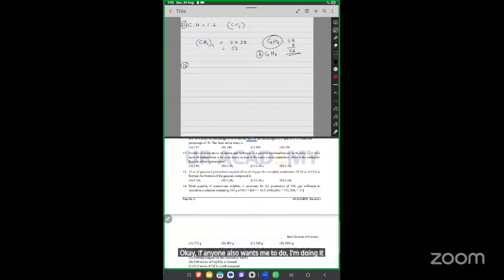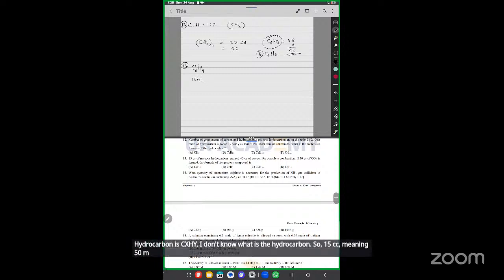Okay. So 15 cc of hydrocarbon here. Hydrocarbon is CxHy. I don't know what the hydrocarbon is. So 15 cc, meaning 15 ml. Cc is nothing but cm cube, and cm cube is nothing but your ml. It requires 45 cc of oxygen, so oxygen required is 45 ml for complete combustion. On complete combustion, it is going to give you CO2 and H2O, correct? So CO2 given is 30 ml.